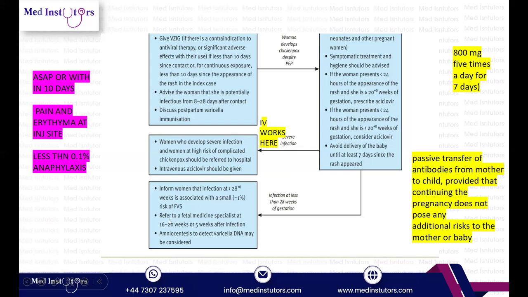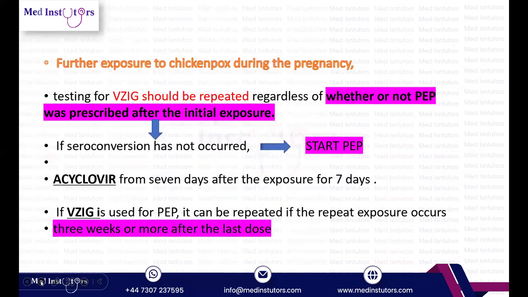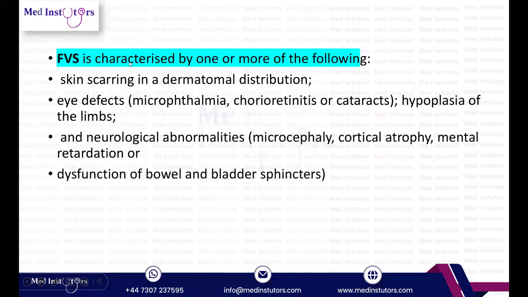Now come down to this. So what is the fetal varicella syndrome? It is characterized by one or more of the following. So even if it is just one, it is a fetal varicella syndrome. That is scarring in the dermatomal distribution, eye defects.